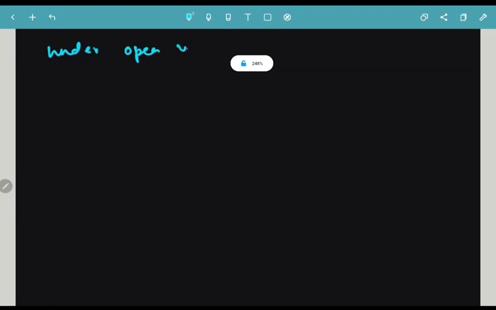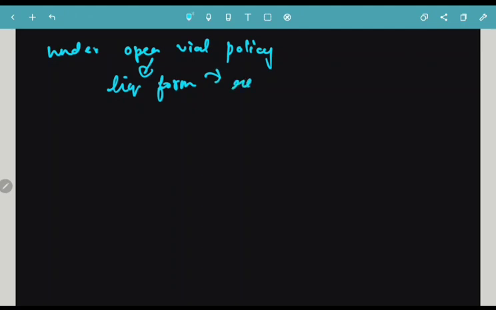So under open vial policy, the liquid form of vaccines can be reused for up to 28 days.